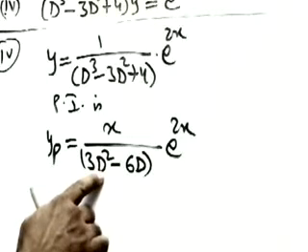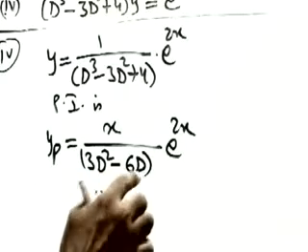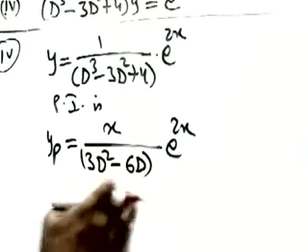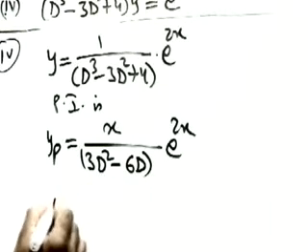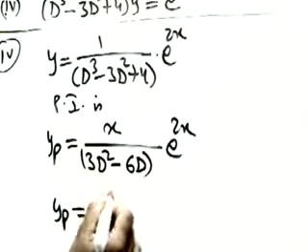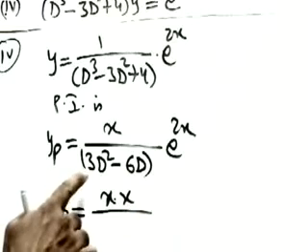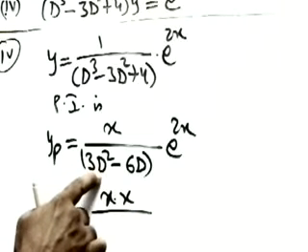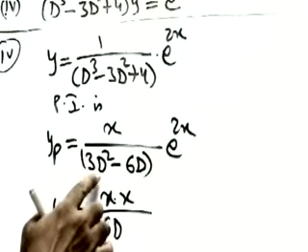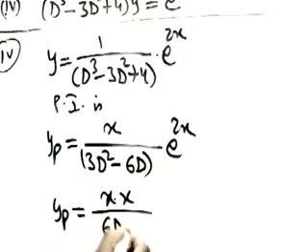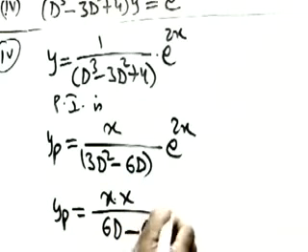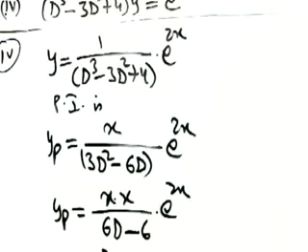Now if you substitute D equals 2 here, again you will get 0. 2 square is 4, 4 threes are 12, minus 2 sixes are 12, again 12 minus 12 will be 0. So you have to differentiate one more time, using the same rule. yp equals, again multiply the numerator by x, we already have 1 into x, and differentiate the denominator with respect to D. So this will become 6D, minus 6, into e power 2x.